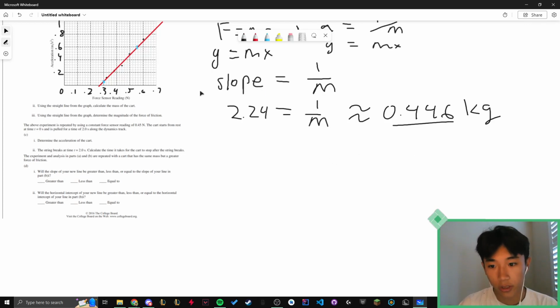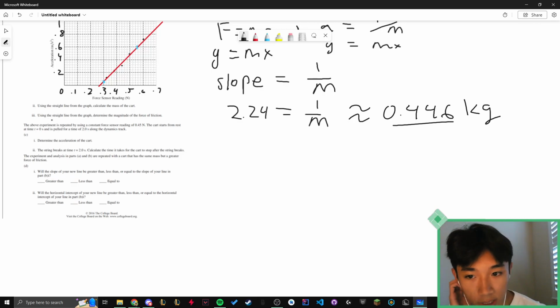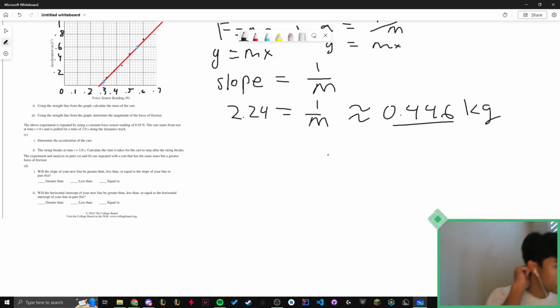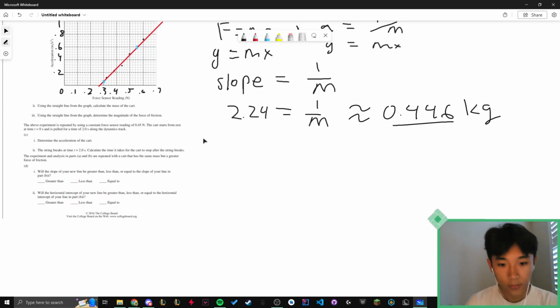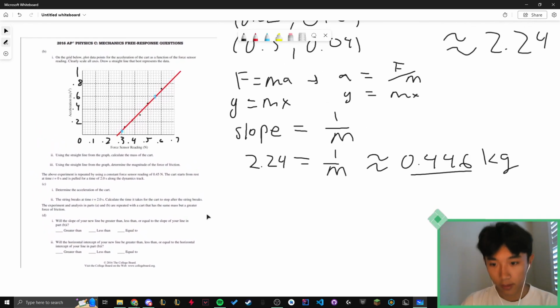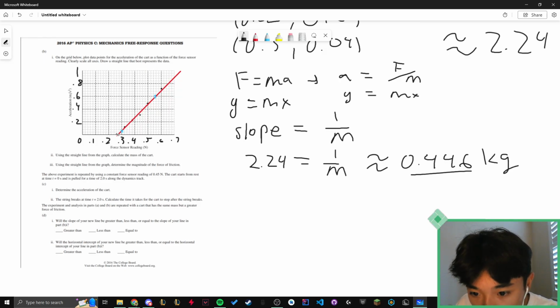Okay, so they're asking, using the straight line from the graph, determine the magnitude of the force of friction. We know that when the force equals the friction, there's going to be no acceleration, which means we just have to look where acceleration is equal to 0, also known as the x-intercept, which is roughly around here.